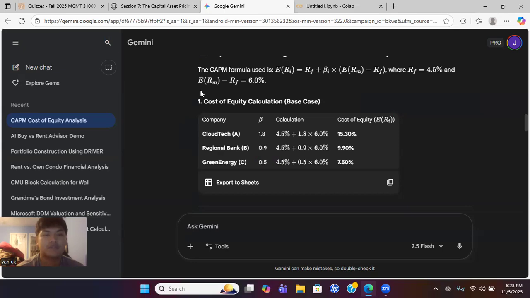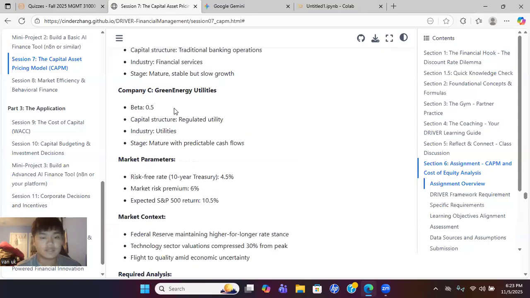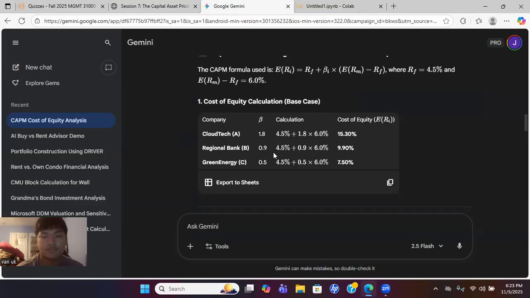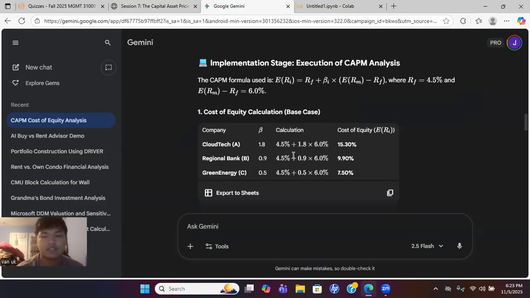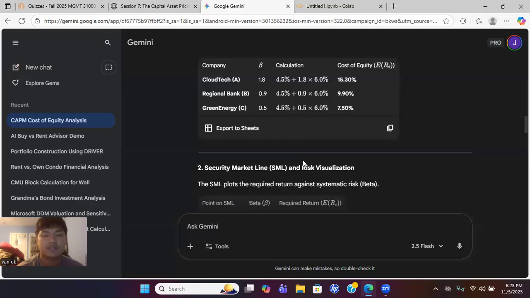And if we go back here, we can see this data. If we do the calculations for each of these, for Cloud Tech, cost of equity would be 15.30%. For the regional bank, it'll be 9.90%. And for green energy, it'd be 7.50%.